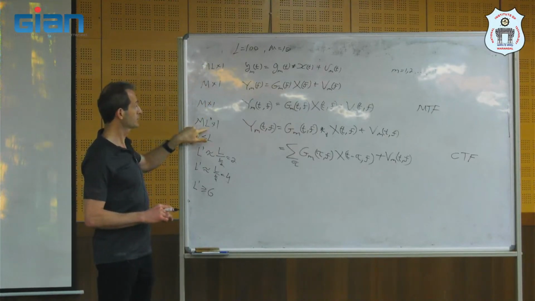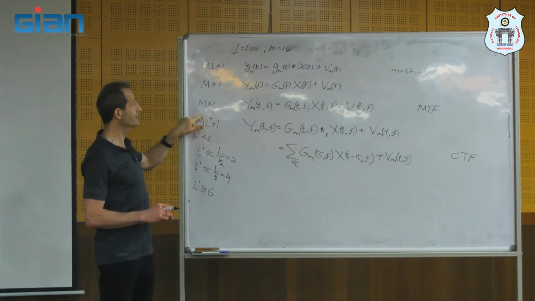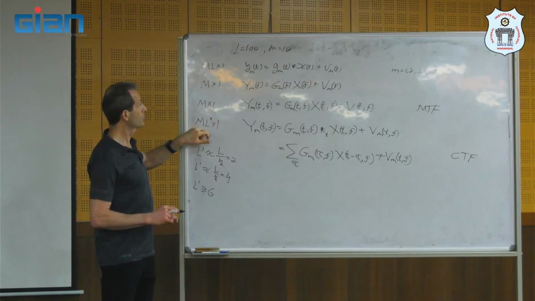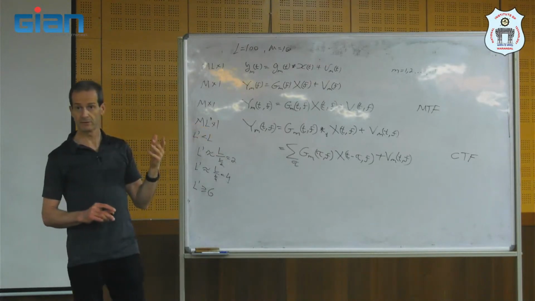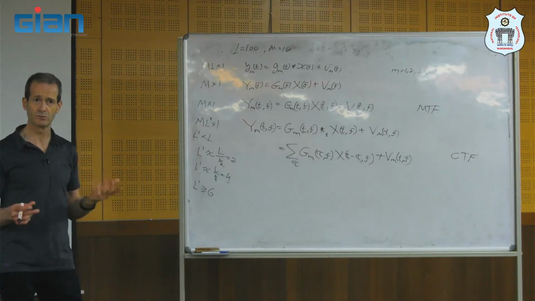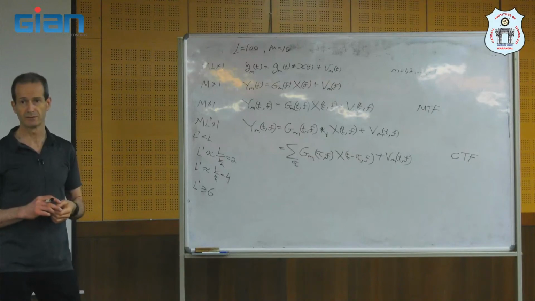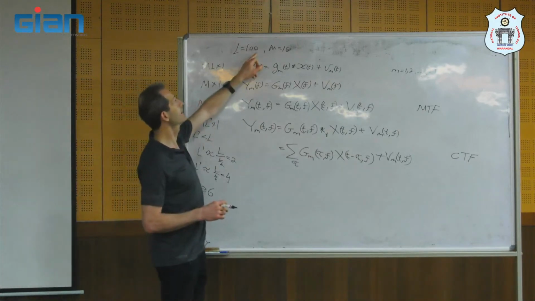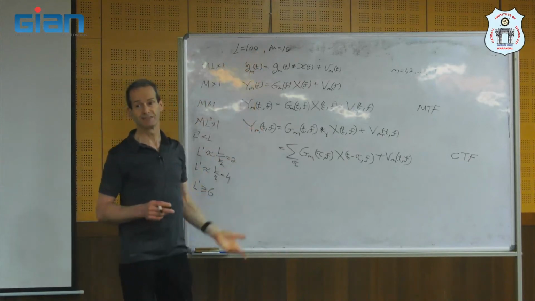Here, suppose that L prime is 6, even with this approximation, the CTF. So we will work with 6 by M, so 60, which is still large, but it enables us to work with smaller problems, especially if L is large. Maybe it can be even 1,000.